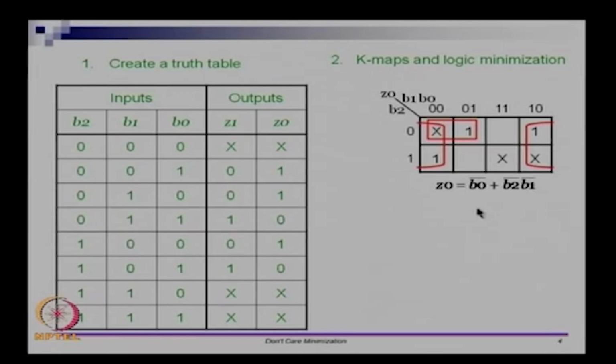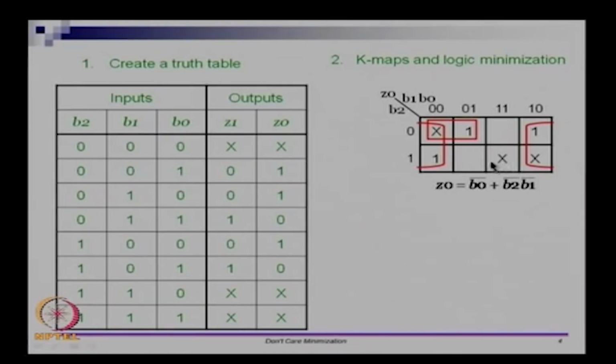The interesting thing to notice in this one is this x is not grouped at all. So it is a don't care, and if we want to use it, we can use it as a 1, but if it is not going to help us, we do not have to use it at all. So just taking this term and putting another product term is not necessary, because it is supposed to correspond to min term 7 anyway, and min term 7 is not a valid input.